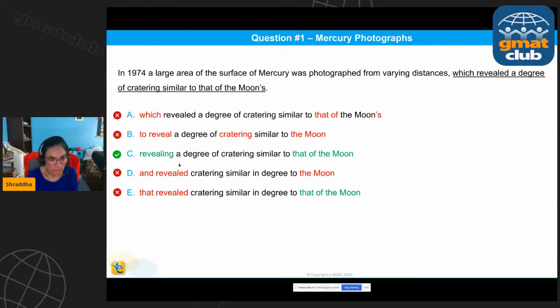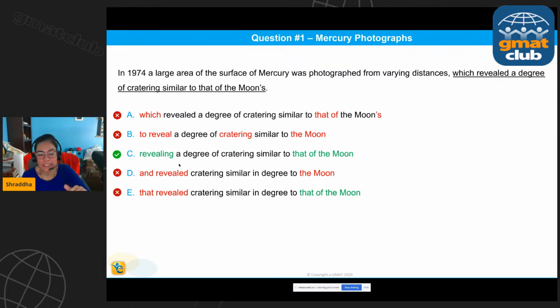Okay. Choice D is wrong, because that interconnection between was photographed and something related to that, which is revealing, has been taken away by the use of and revealed, because now they are two distinct entities.